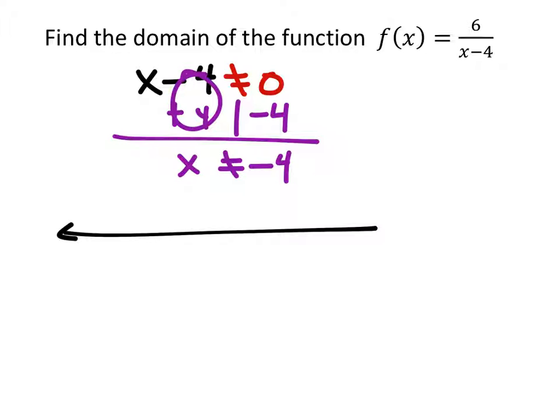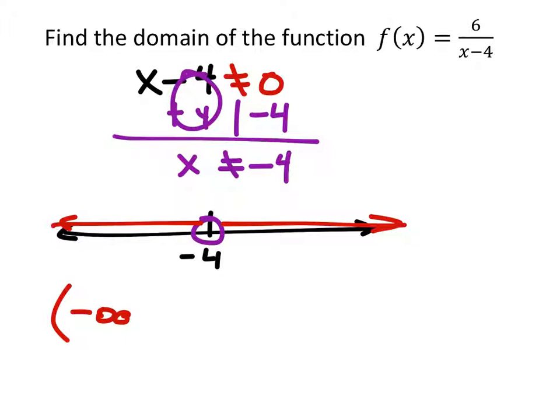Let me show the graph on this, okay? So at 4, here's what I know. X cannot equal 4. So that's an open circle. But anything to the left would work. Anything to the right would work. So how do I show this using an interval, which is going to be required on the homework? That red line goes as far to the left as negative infinity, but it stops at 4. And that's not included, right?